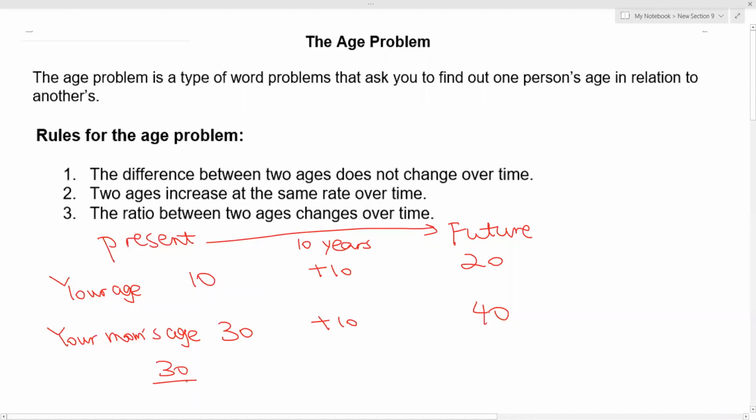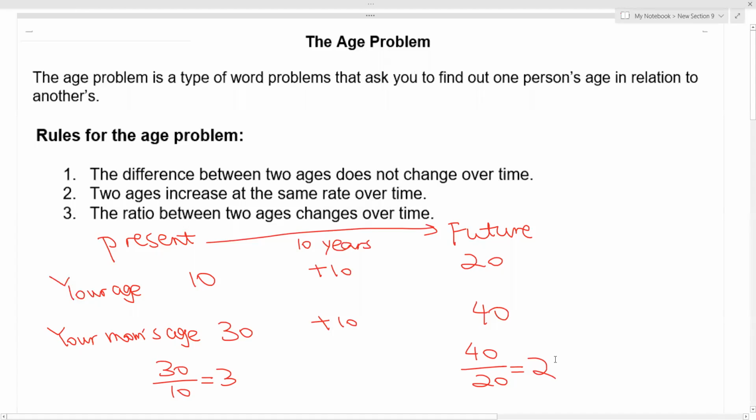That's easy to figure out, 3 times, and that is the ratio for now. But in 10 years' time, your mom's age would be 40 and you would be 20, and that ratio has become 2. So the difference between two ages does not change over time. However, the ratio between two ages does change over time.